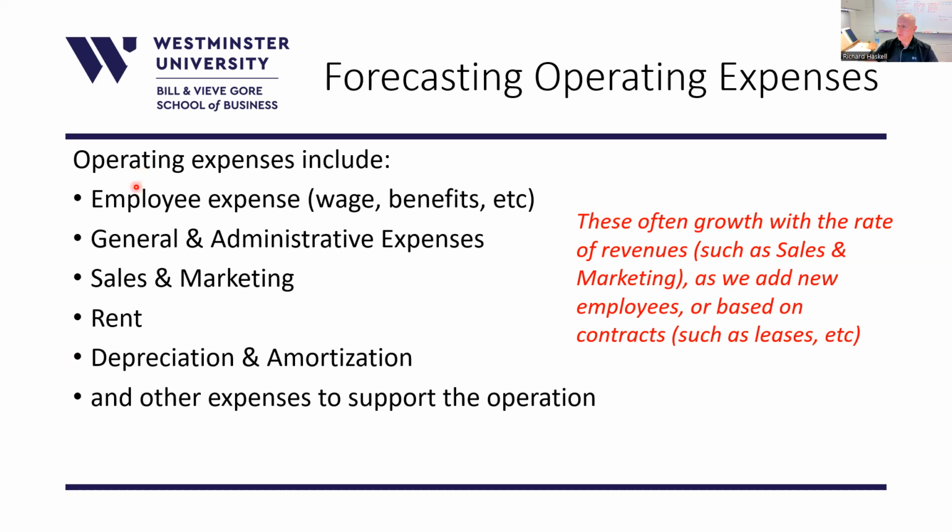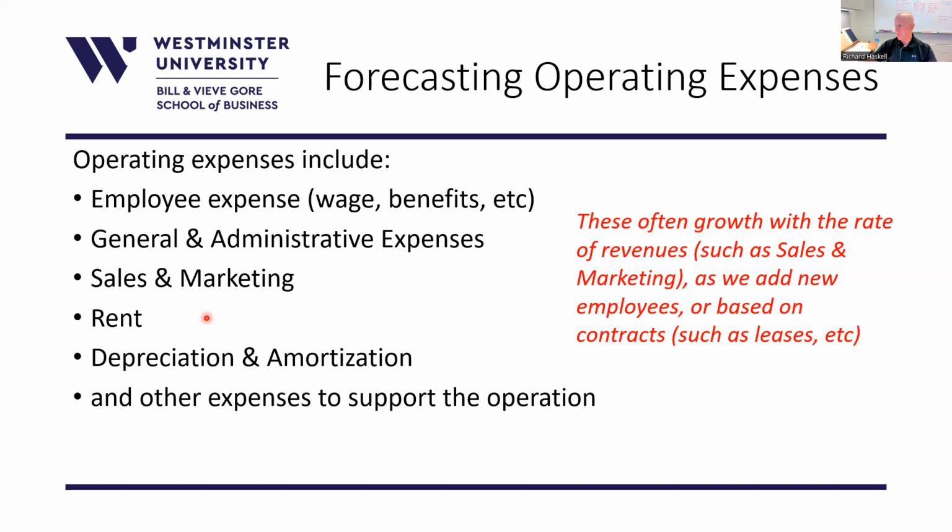Some expenses, perhaps like employee expenses and like rent, may not be a percentage of revenue, though. Employee expense probably grows as we add new employees or grows at some rate of inflation as wages rise. Rent expense is most likely the result of having some lease contract that says that we have to increase our rent payment or our lease payment by X% each year.